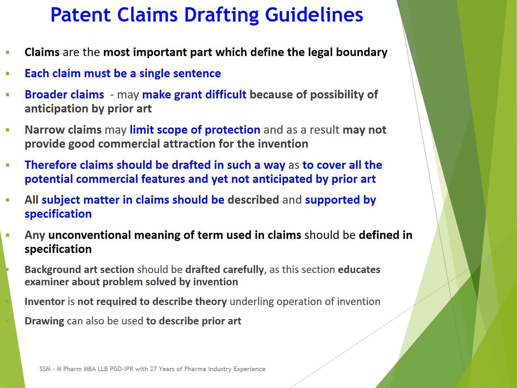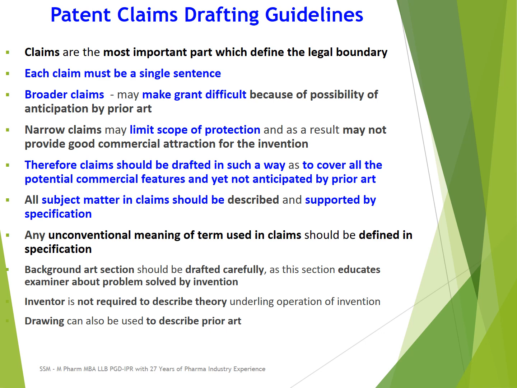If you draft broader claims, that may make the grant of patent difficult, because if you are drafting a very broad claim, then granting of the patent may be difficult because of the possibility of anticipation of your broad claim by prior art or prior references. So it may not be granted in light of prior references.